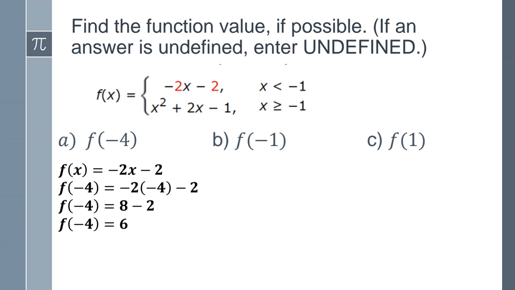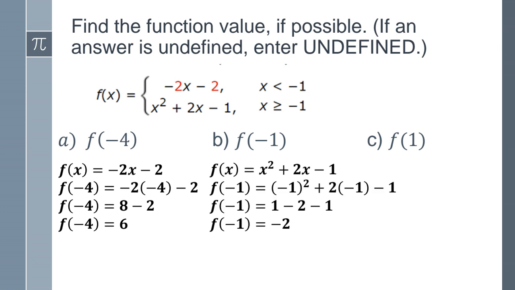So I write it out. f of x is equal to x to the second power plus 2x minus 1. That's the individual function. And everywhere I see x, again, I am going to replace it with the -1. So -1 squared is a positive 1. 2 times the -1 is a -2, minus 1. So 1 minus 2 is a -1. -1 with a -1 is a -2. This is my y value result from this x input evaluation.